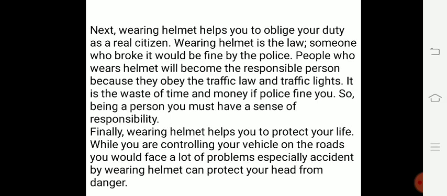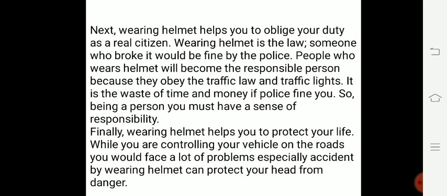Next, wearing a helmet helps you fulfil your duty as a real citizen. Wearing a helmet is the law, and someone who breaks it would be fined by the police. It's not necessary to use all the points given in the view section. The only thing is that you have to oppose those points.